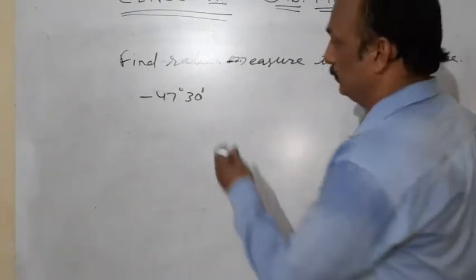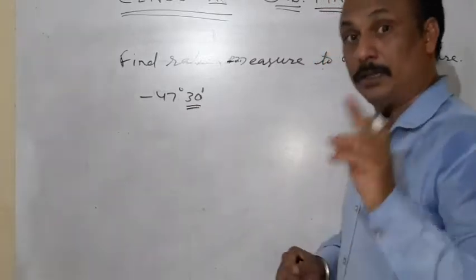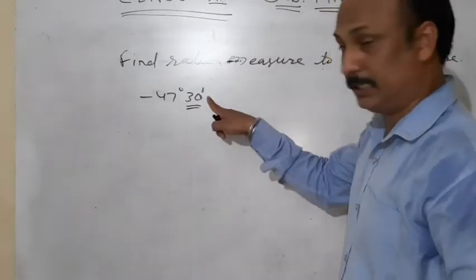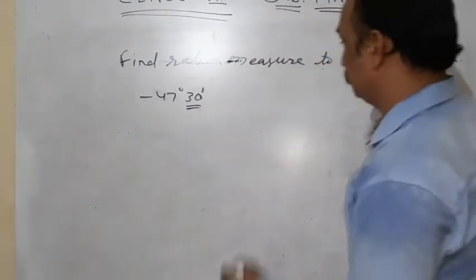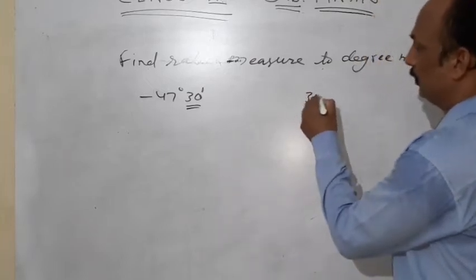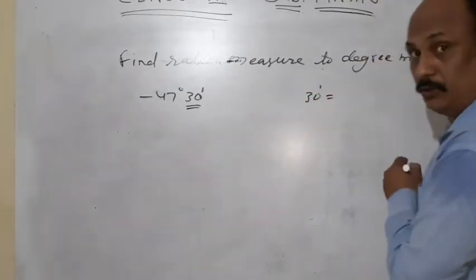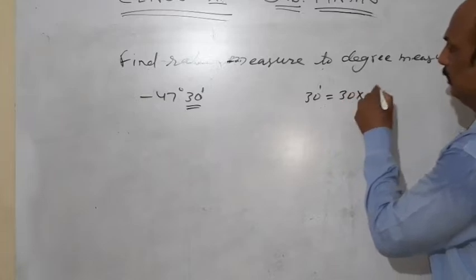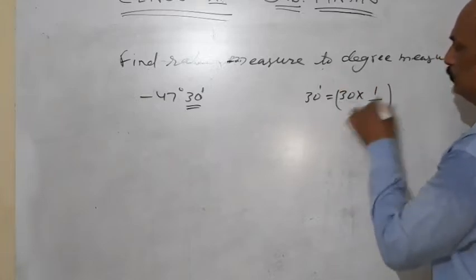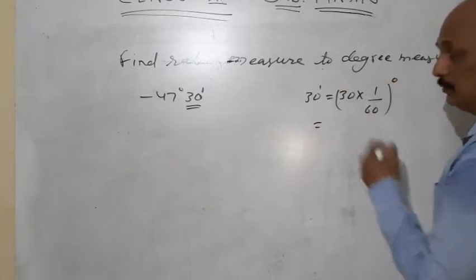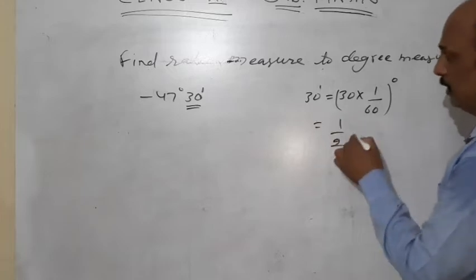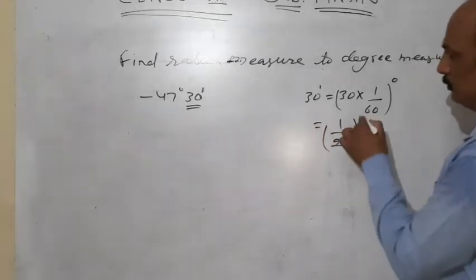So first of all, it has minutes, so convert it into degree. As we know, 30 minute is equal to 30 into 1/60 degree. So it is 1/2 degree.